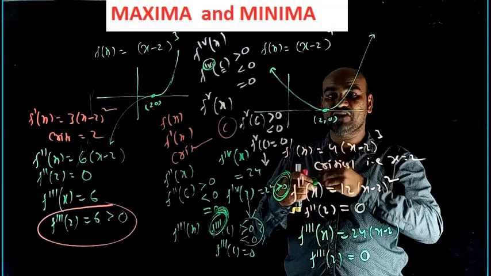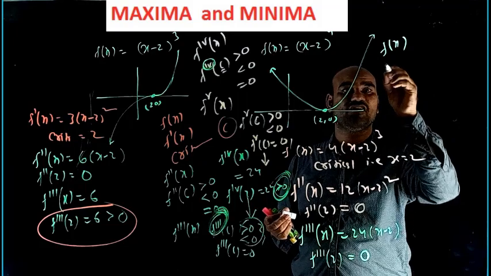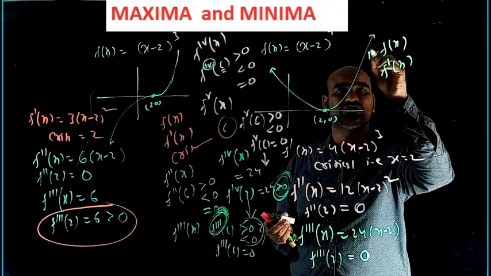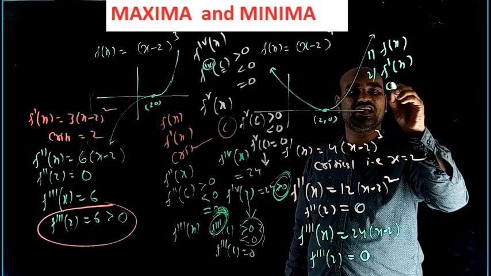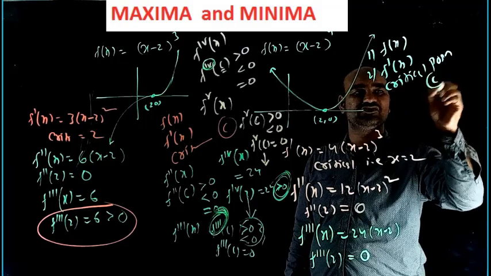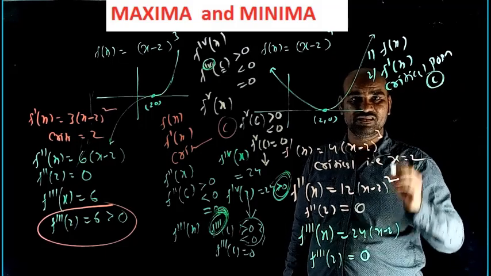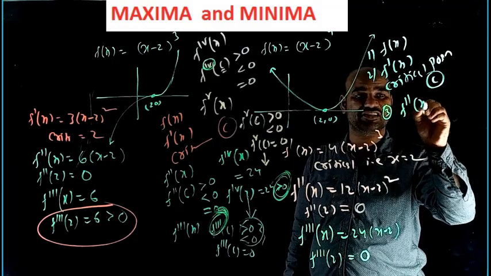Now I am writing here the final step for the nth derivative test. f of x is given. Find f dash of x. Steps, working rule. Find critical points. Let's take one such critical point. Third step. Find f double dash of x.